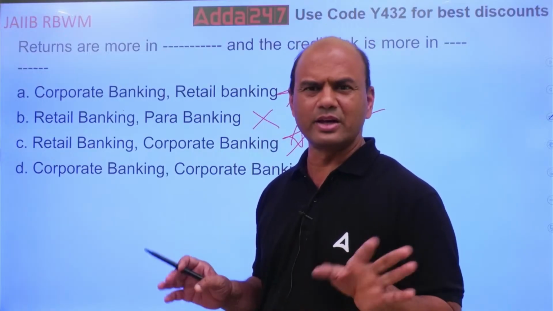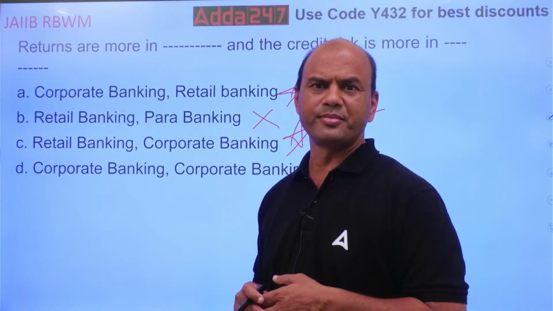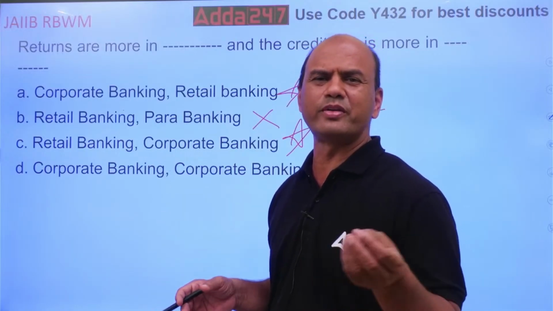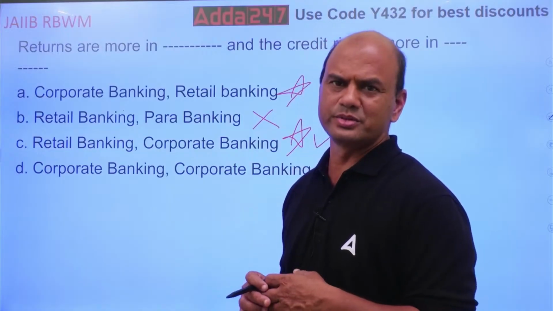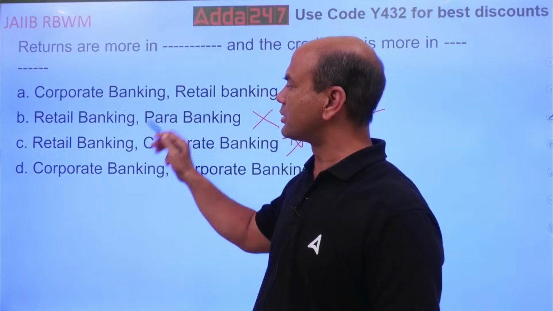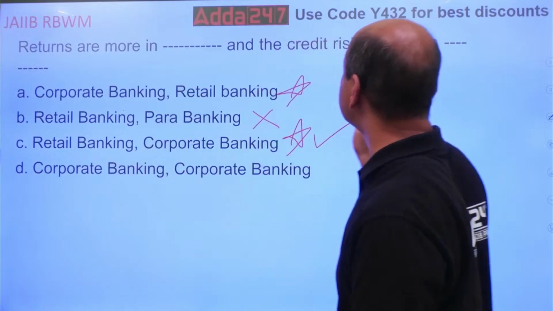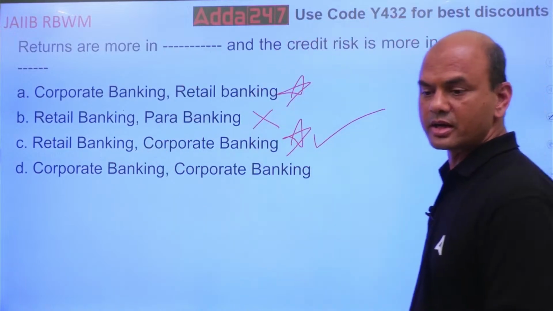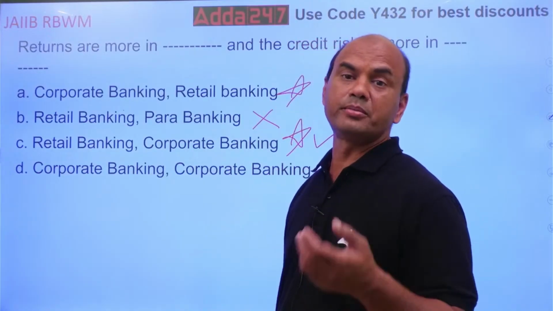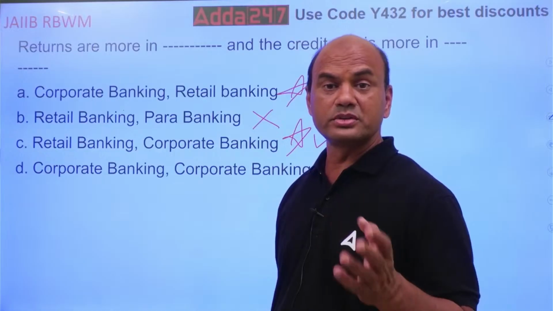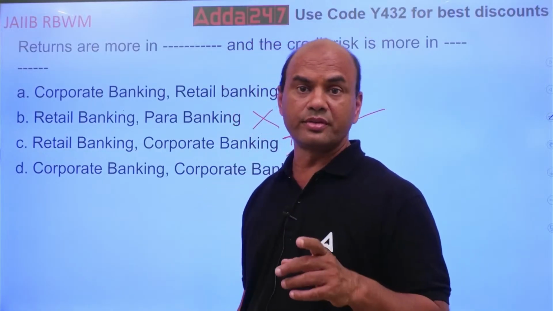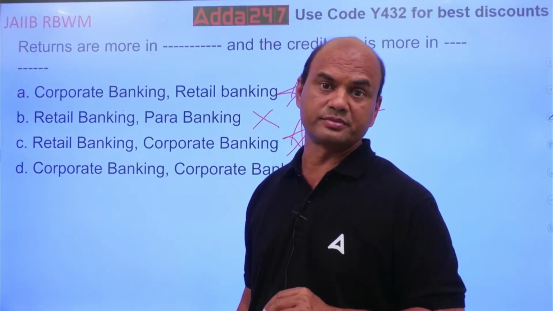He is knowledgeable. Nowadays everyone is knowledgeable. Okay? Everyone is knowledgeable, but he doesn't care that much, 0.25 and 0.5% for loans. So that's why retail banking, returns are more in retail banking and risk is more in corporate banking, credit risk. Why? Because huge amount of loans are given to the companies. The loans are to the tune of 1000 crore per loan, single loan, 1000 crores.